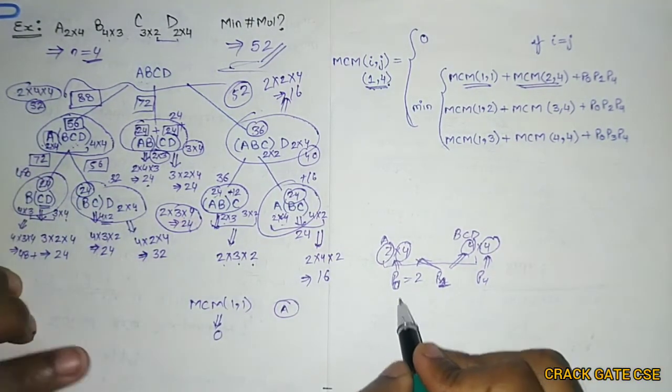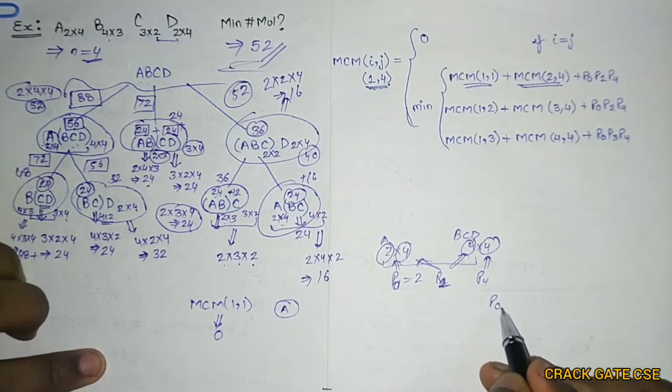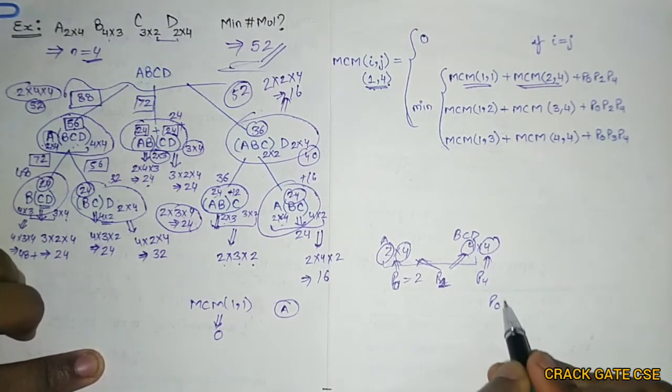So similarly 2 is equal to P0, so I am writing P0. 4 is equal to P1, so I am writing P1. This 4 is equal to P4, so I am writing P4.